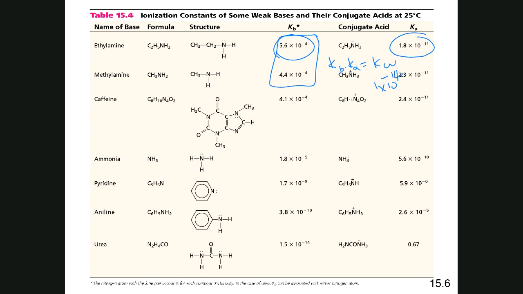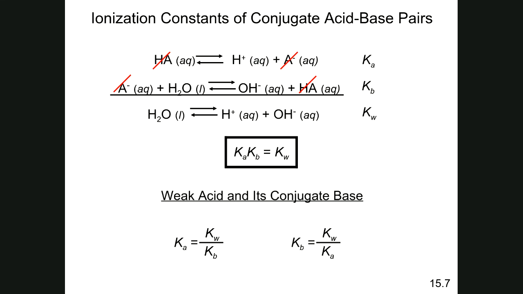Okay, very good. So we have these values also given to us, and they will be given in a problem when you are solving it. Then Ka times Kb equals Kw. If Ka is given, you can calculate the value for Kb. If Kb is given, you can calculate the value for Ka, because Kw is a known value, 1 times 10 to the negative 14.